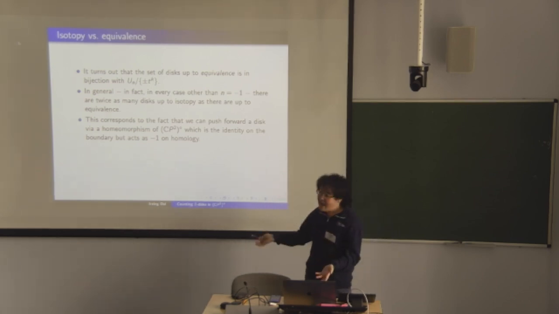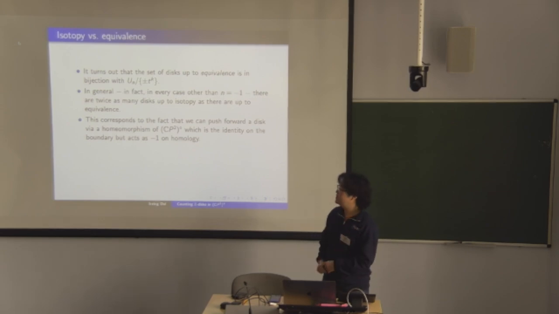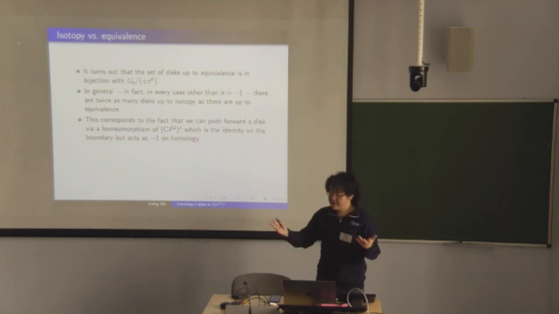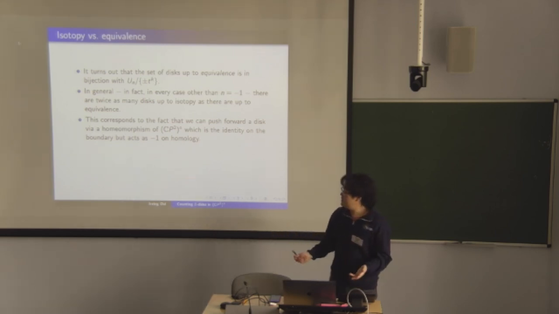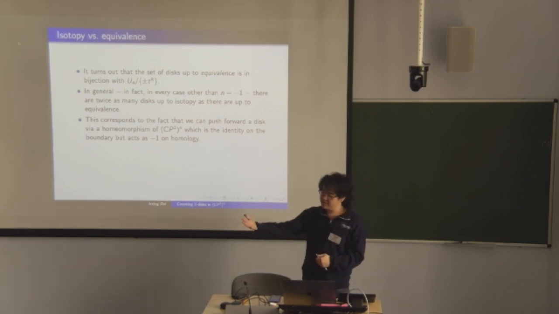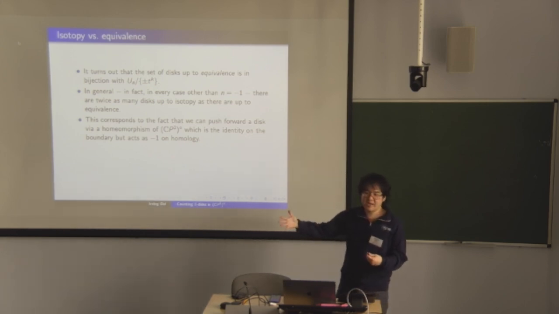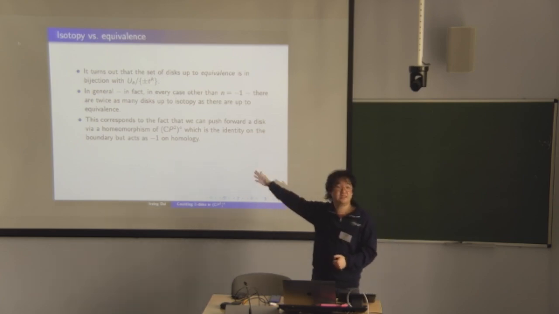So certainly that homeomorphism of CP2 has no chance of being topologically isotopic to the identity. You could hope that, if I am studying equivalence versus isotopy of disks in B4, if I have a homeomorphism of B4, then rel boundary it's topologically isotopic to the identity or something like that. That certainly cannot happen in this case, right?